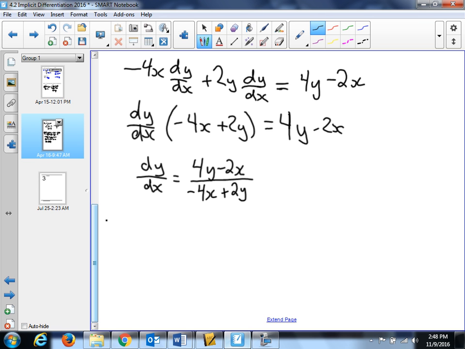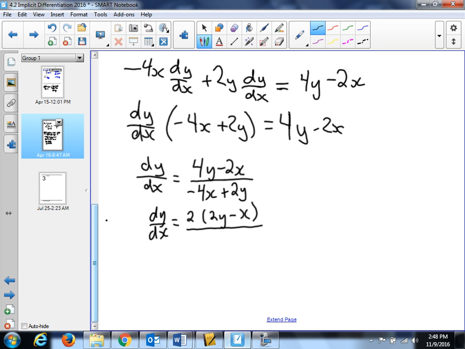Now, I mentioned before, there's a common factor of 2 in each expression, actually. I'll show it in 2 steps. 2y minus x.